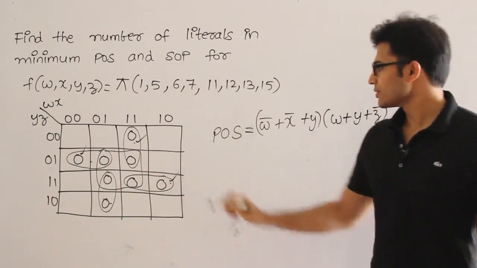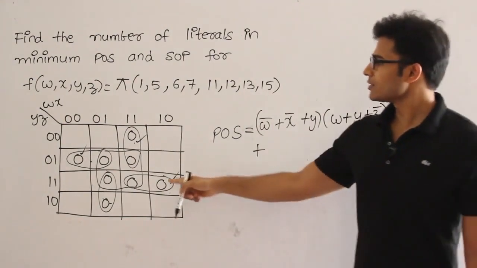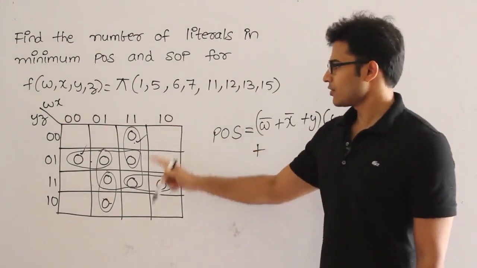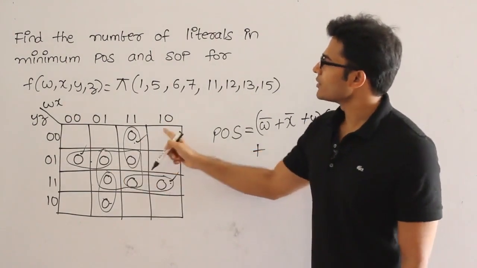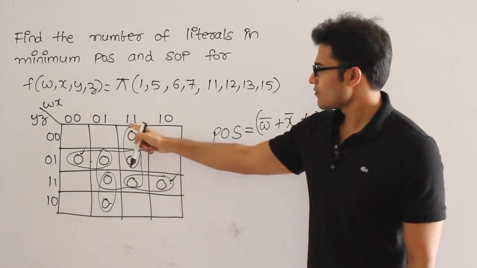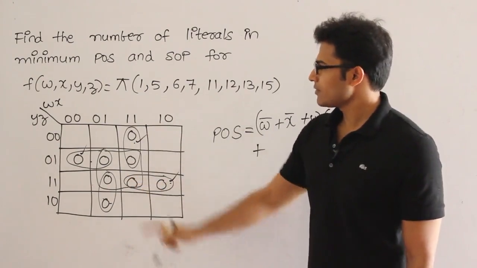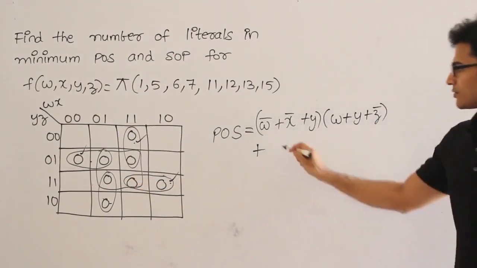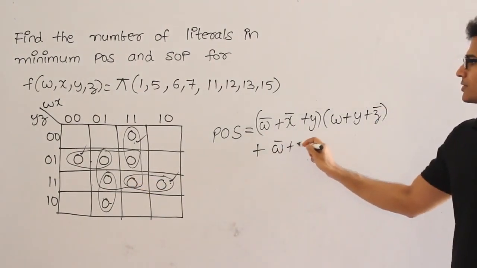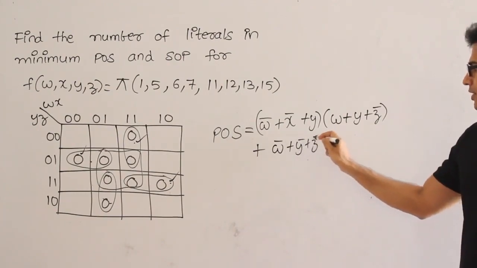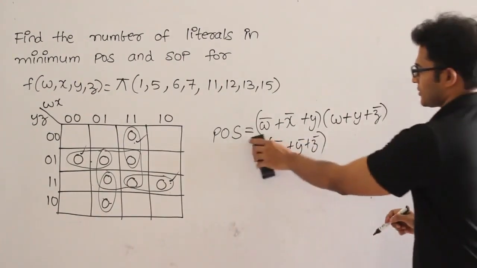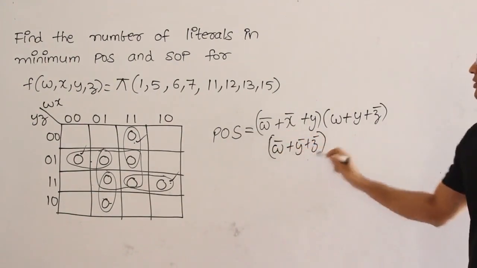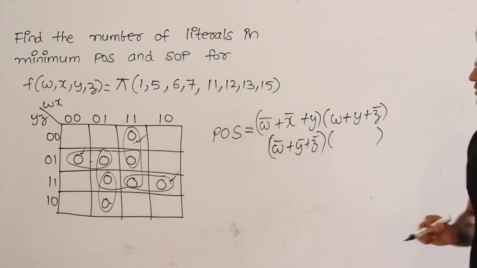And now I want to take this one, how can you write this one? In this one, w is not changing and y and z are not changing and everything is ones. Therefore w prime plus y prime plus z prime. And it is a product of sums, right? And what about the next one?